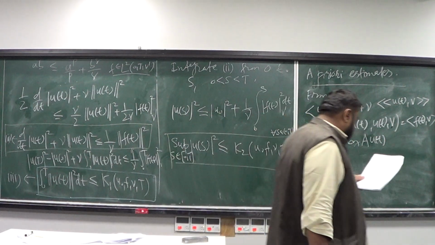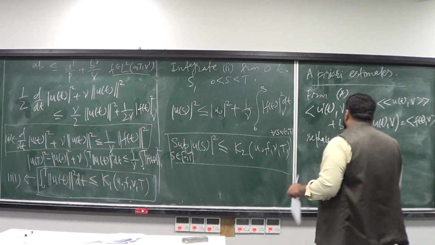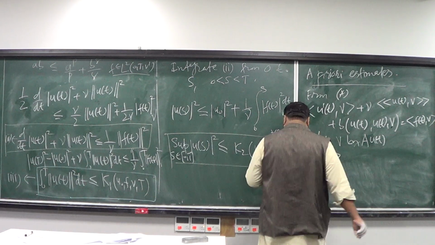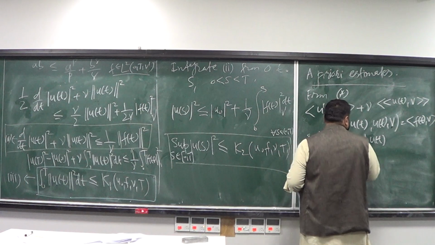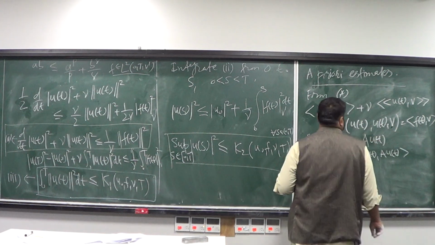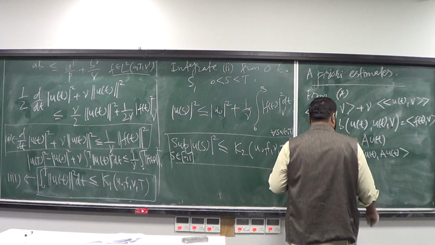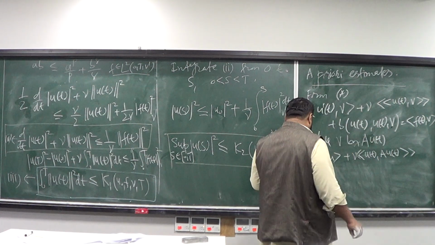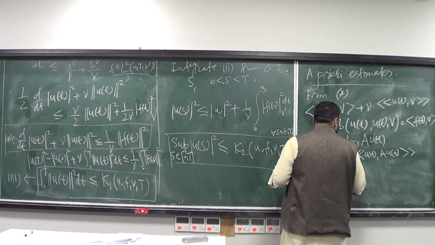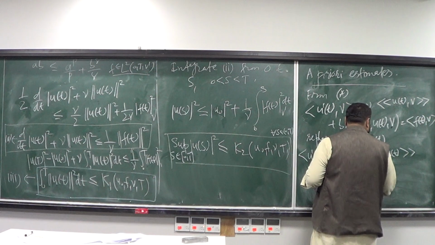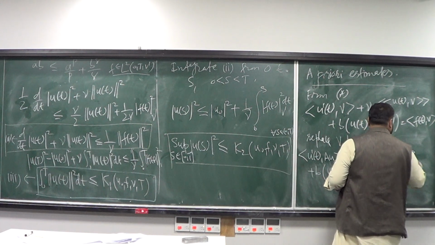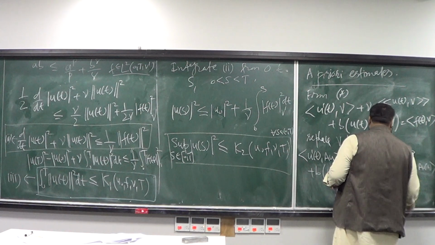And also in n dimension. Okay. So if I'm going to do this, I'm going to get u prime of t times u, I'm going to get nu times the double norm of u of t, and I'm going to get b of u of t, u of t, and I'm going to get f of t and u of t.